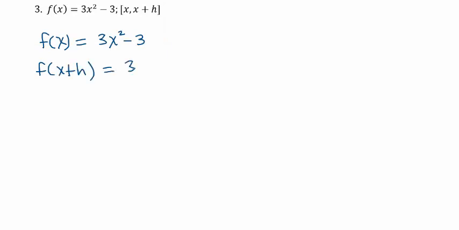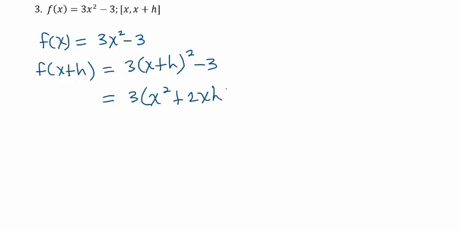We substitute x plus h for x in the function and simplify. So that's 3 times x plus h squared, which is x squared plus 2xh plus h squared, and bring down the minus 3.